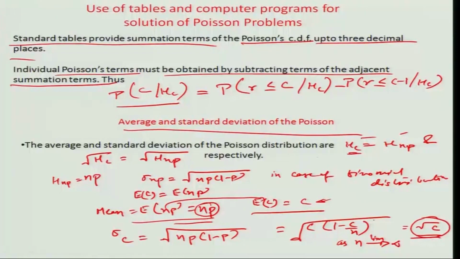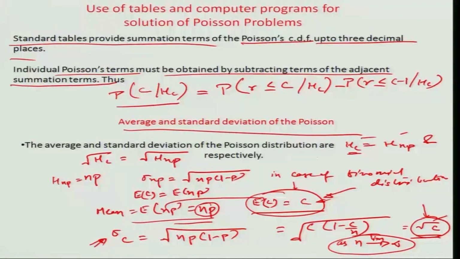Okay. So, the mean of the Poisson's distribution is the number of occurrences c, and the standard deviation of occurrence for a very large sample size, with n limited to infinity, which is the case when you are applying the Poisson's distribution, is root of c.